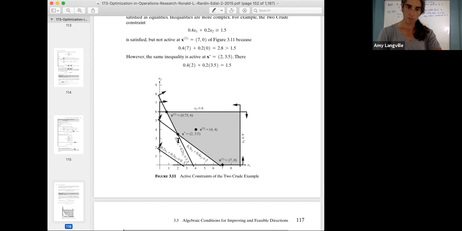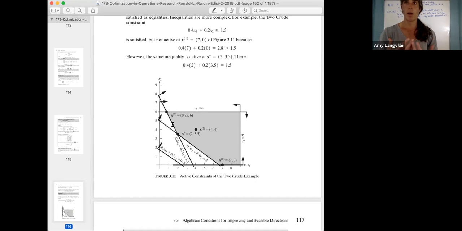And then this inequality here, 0.4 x1 plus 0.2 x2 greater than or equal to 1.5. If you plug in x1 equals 0.75, x2 equals 6, you'll see that this inequality is satisfied as an equality. So out of all the constraints, the only two that are active at this point are these two.